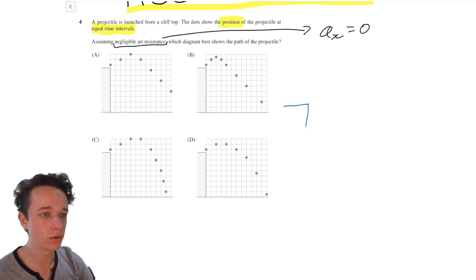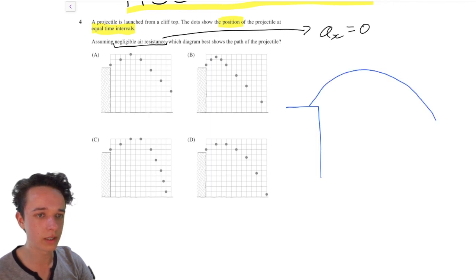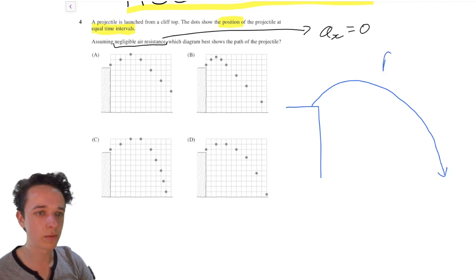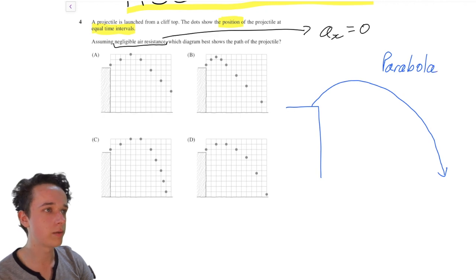So if you were to launch a projectile off of a cliff, you'd get something in this kind of shape, if I could draw better, it'd look better, but you'd get something that was the shape of a parabola. So let's look at all these options here.